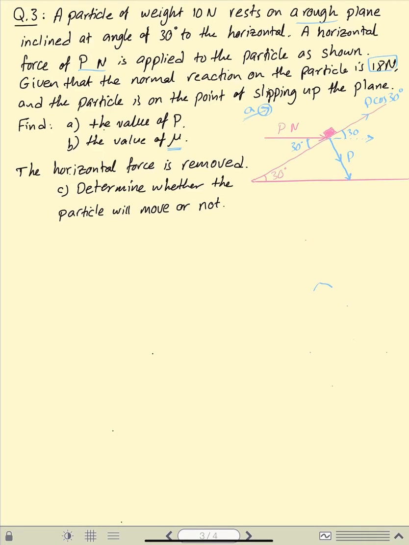Let me just use different colors. So this is P sine 30 and this is P cosine 30. Good. What do I have before? I have the components of the weight.